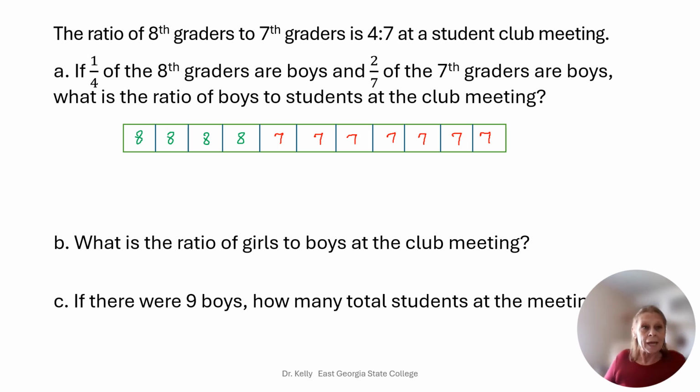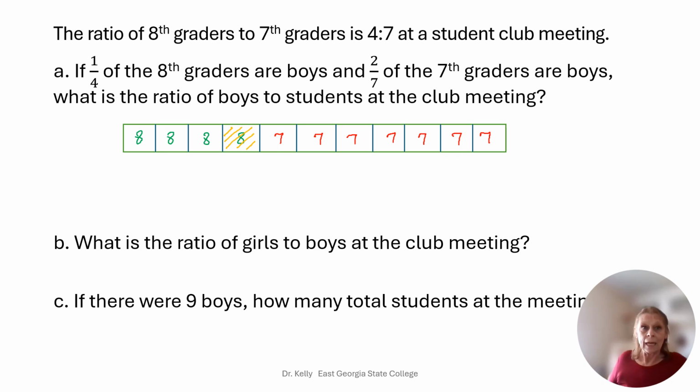So now we need to model again our 8th graders and our 7th graders. So our 8th graders are actually in green over here with the 8. So how do we show a quarter of the 8th graders? Well, I'm going to color up a quarter of the 8th graders.